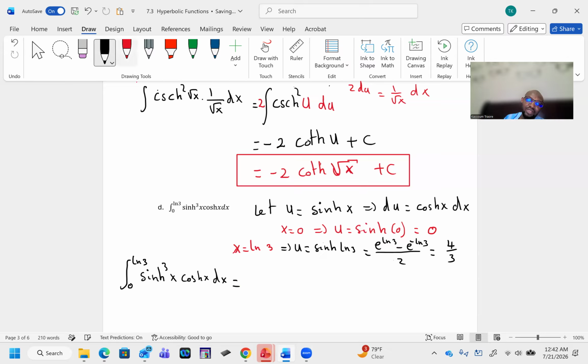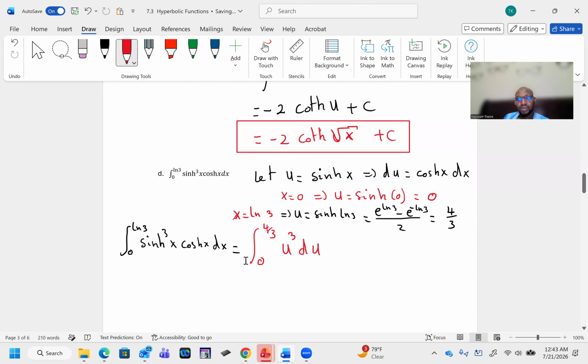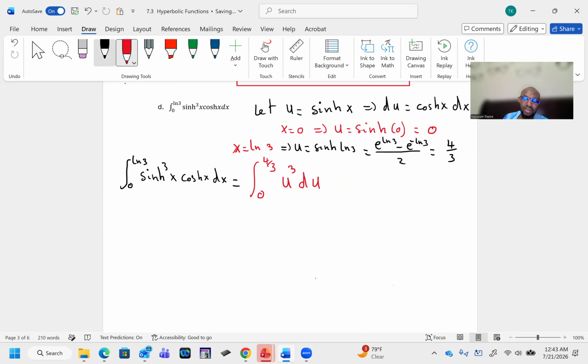by doing my substitution, it will be the same thing as the integral from 0 to 4 over 3 of u to the power of 3 du, which will be 1 over 4 u to the power of 4, from 0 to 4 over 3.